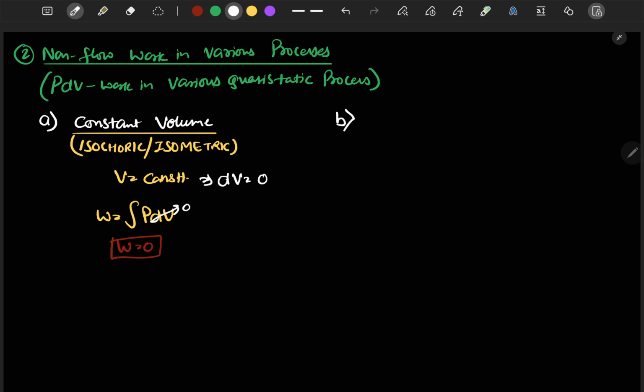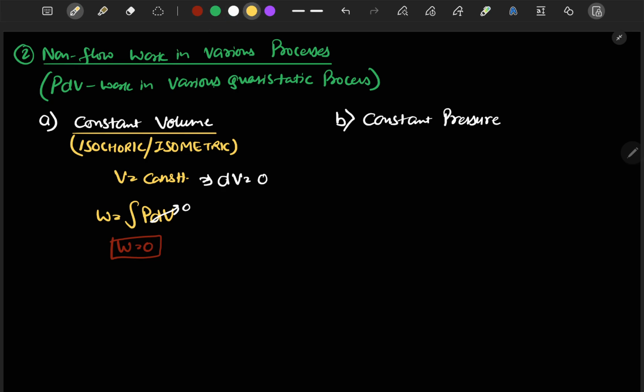Now next is point B. The next process, let's say, is constant pressure.